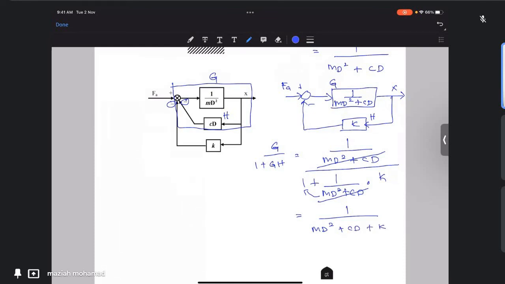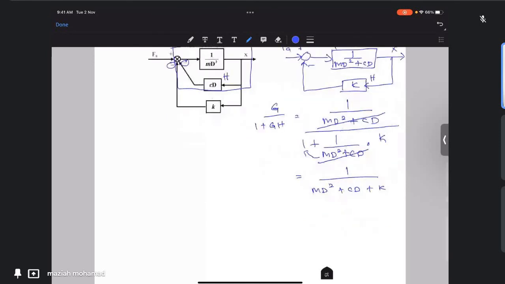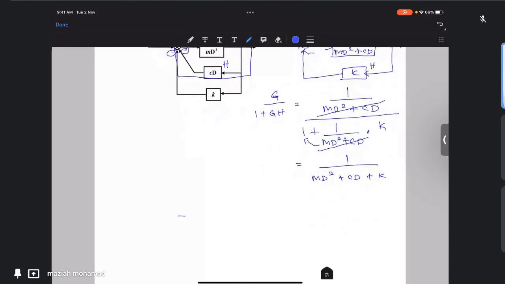Okay, so after we simplify, it will become only one block because we already combined the summation point and the two feedback blocks.